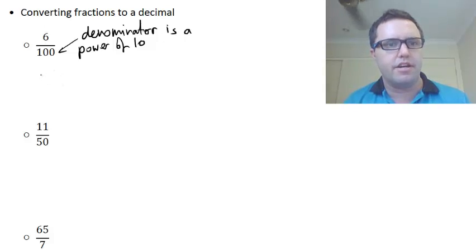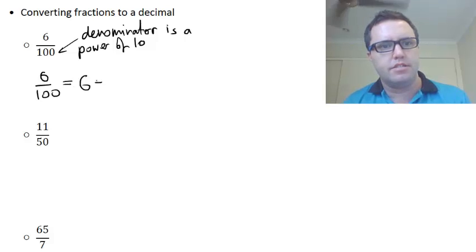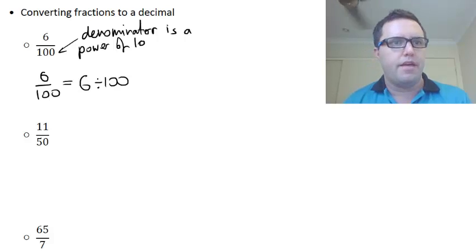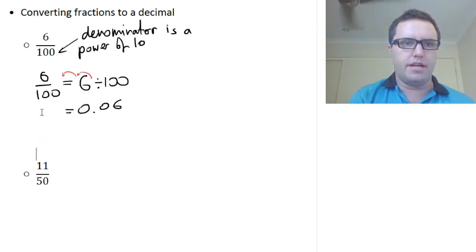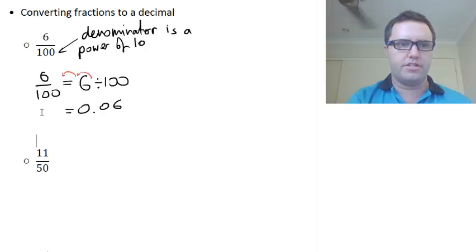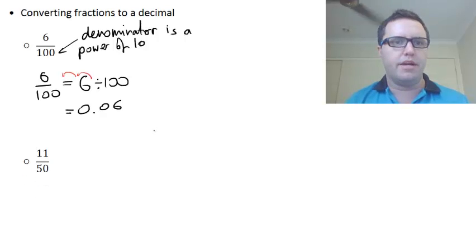So 6 over 100 is the same as 6 divided by 100. If we remember from a couple of videos ago, all we need to do now is move our decimal point 2 places, and so we're going to get 0.06. That's how we go about fractions if the denominator is a power of 10.